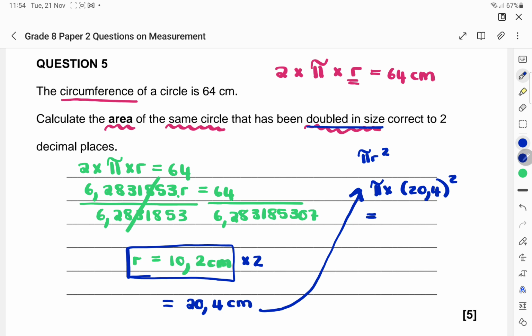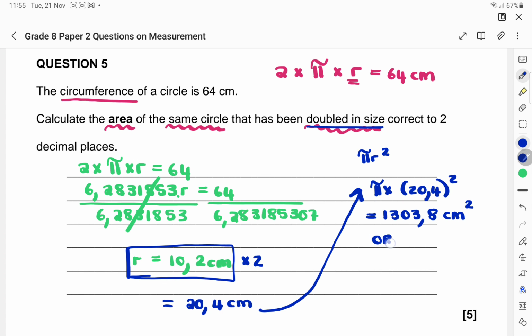And then I'm going to put it into my calculator, which gives you 1,303.8 rounded off centimeters. And because it's now the area, it's going to be centimeters squared. Because I kept all my digits, that is what it gave me.